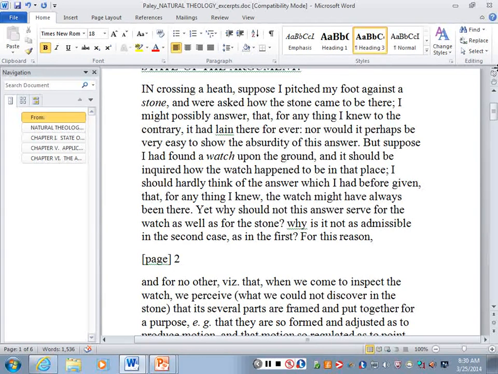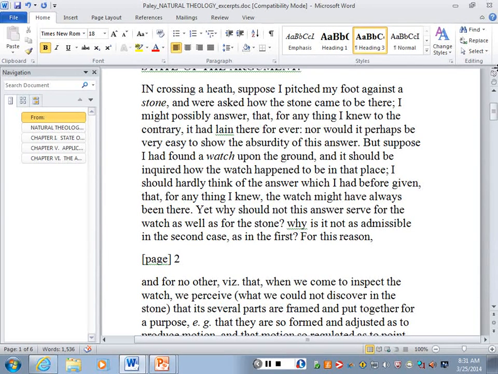And so now Paley compares the workings of a watch, and he deals with possible objections in the next page. He said it wouldn't weaken our conclusion that we had never seen a watch made.